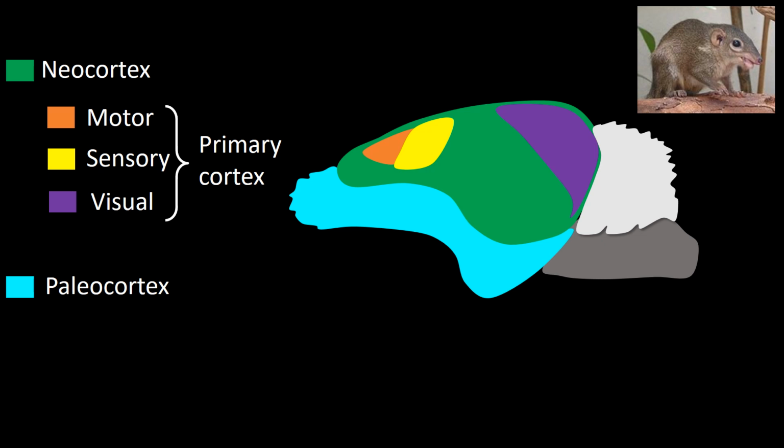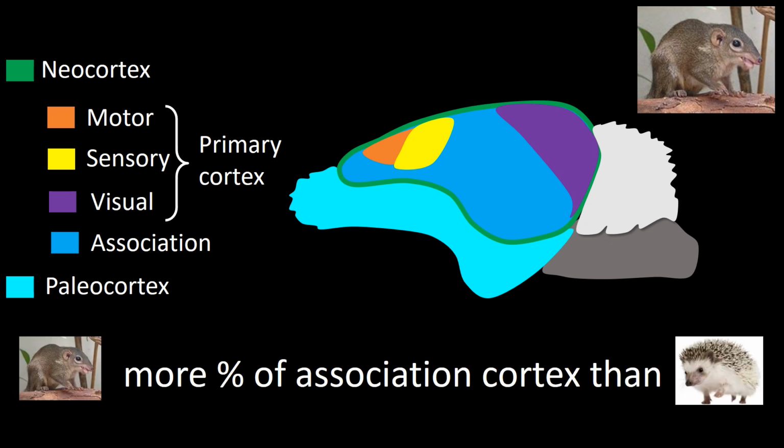Notice that the motor cortex maintains its anterior position in relation to the sensory cortices. The association cortex occupies the rest of the neocortex. Hence, the tupaya has a higher percentage of association cortex than the hedgehog.